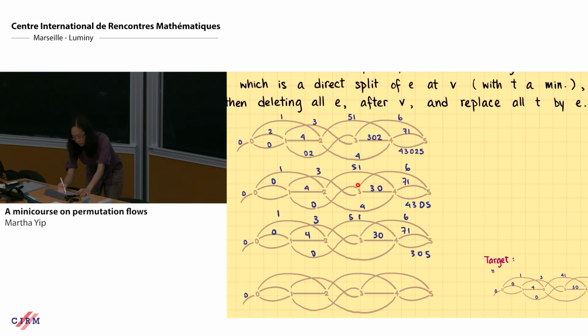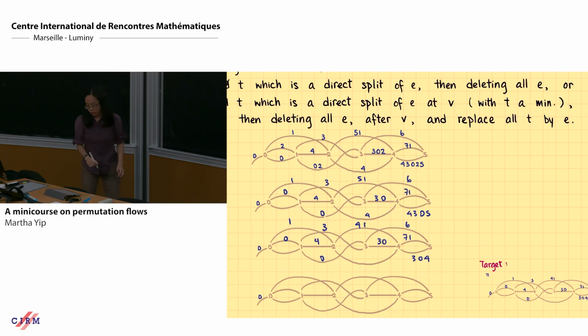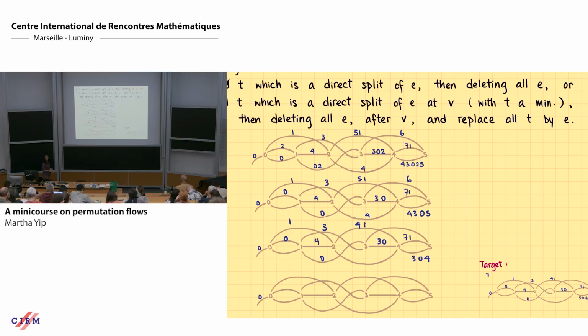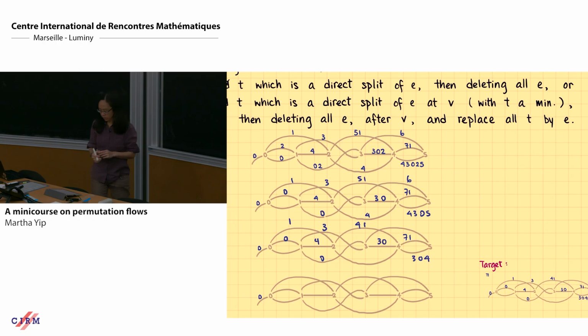It does. 5 is a direct split of 4, so I have to replace 5 by 4. One step closer. I look at the outgoing edges here. To match this, I need to delete 6, and nothing splits from 6, so I can just go ahead and delete it. And then what's left is pi. So this shows that pi is contained in rho by split reductions.